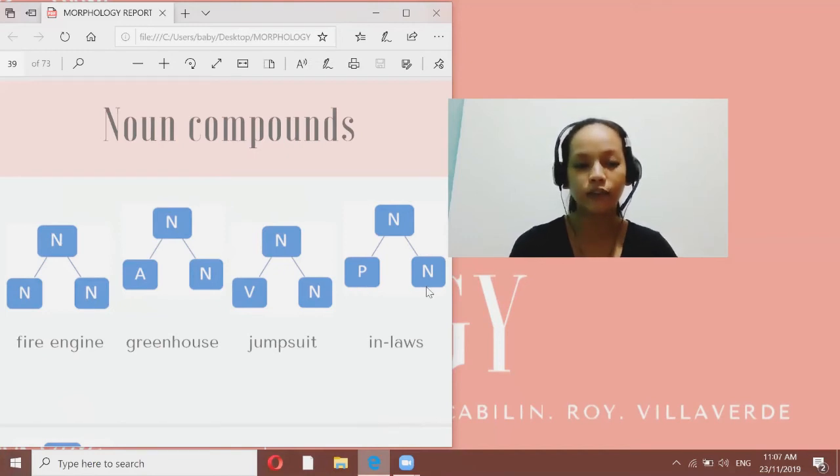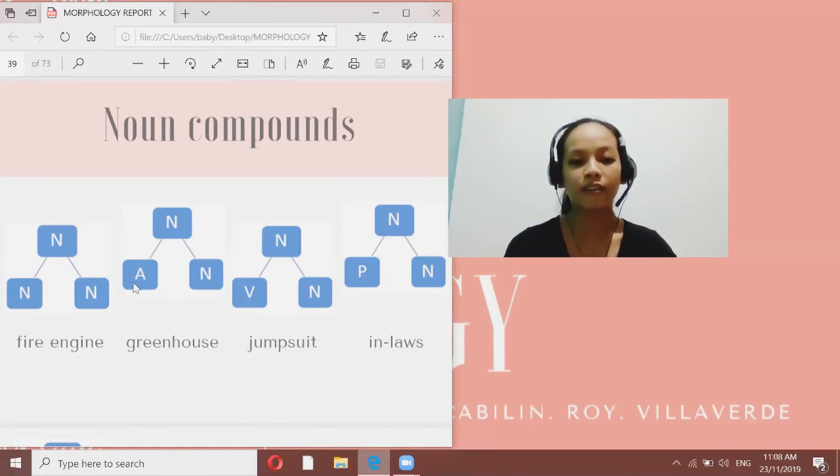To give us a few examples, we have the word fire engine, which is a combination of two nouns. We can also think of the words airline, birthday, sunflower, friendship, and so on and so forth. I think this is actually one of the most common ways of forming compound words, nouns and nouns together.